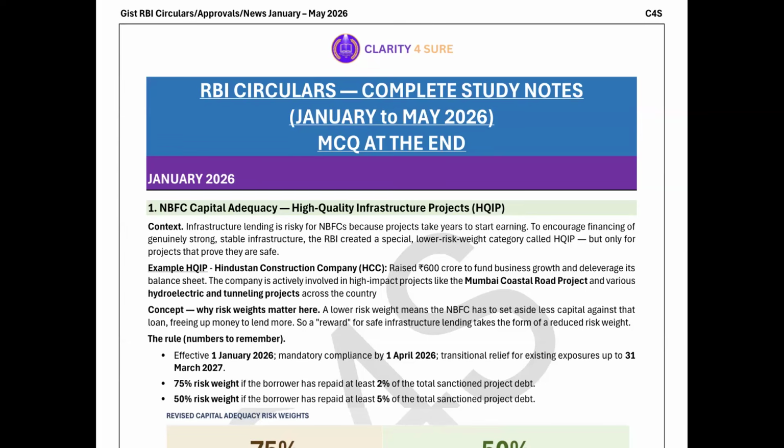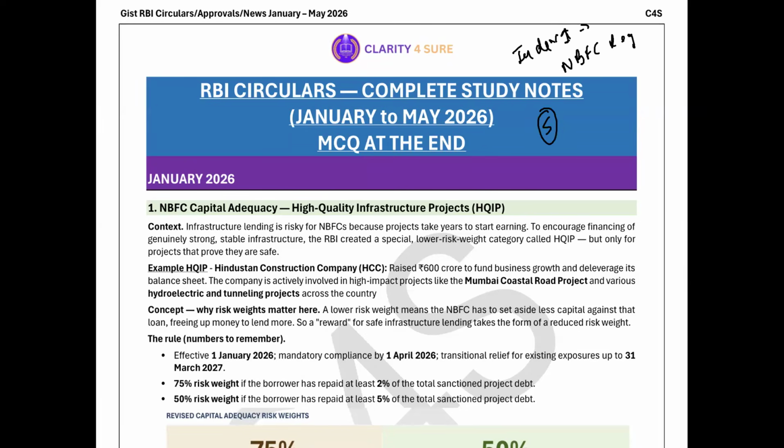Indexation one, please note it down, everyone. It is not written over here, but I'm telling you, indexation one. What is indexation one about? NBFC regulation and supervision. First understand that in NBFC regulation and supervision I will be teaching you indexation one. In this indexation one I have 5 circular news.